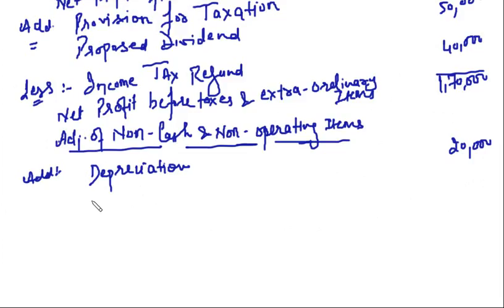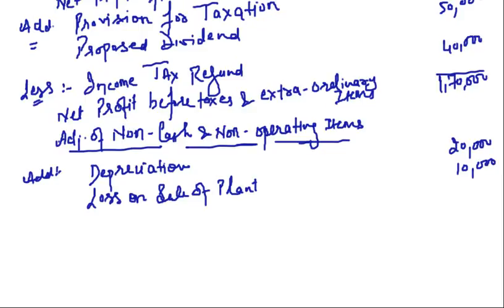The loss would have been subtracted in the profit and loss account, debited. Now we will add back loss on sale of plant, this comes to 10,000.